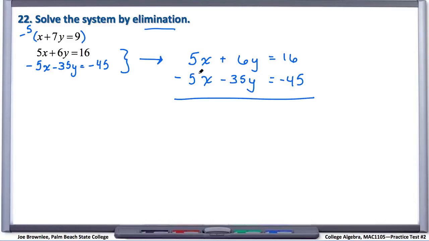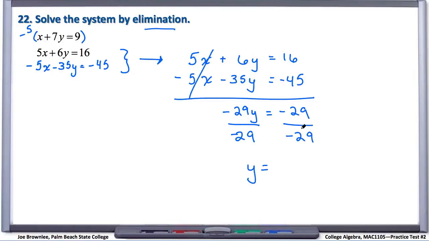All right, and now all we're going to do is add vertically. 5x minus 5x goes away. 6y minus 35y gives us negative 29y. And then positive 16 minus 45 gives us negative 29. And if we're solving for y, we're going to divide by negative 29 on both sides. And so we're left with y equals negative 29 divided by negative 29, which is a positive 1.